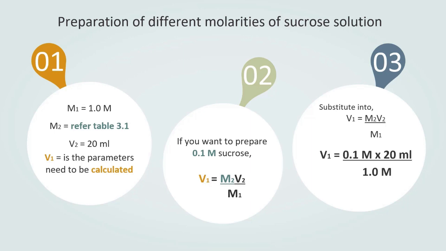Our M2, remember, is the 0.1 molar of sucrose solution times 20 milliliter, that's the final volume of our solution, over 1.0 molar of our stock solution. So at the end, the volume of stock solution needed is 2 milliliter.